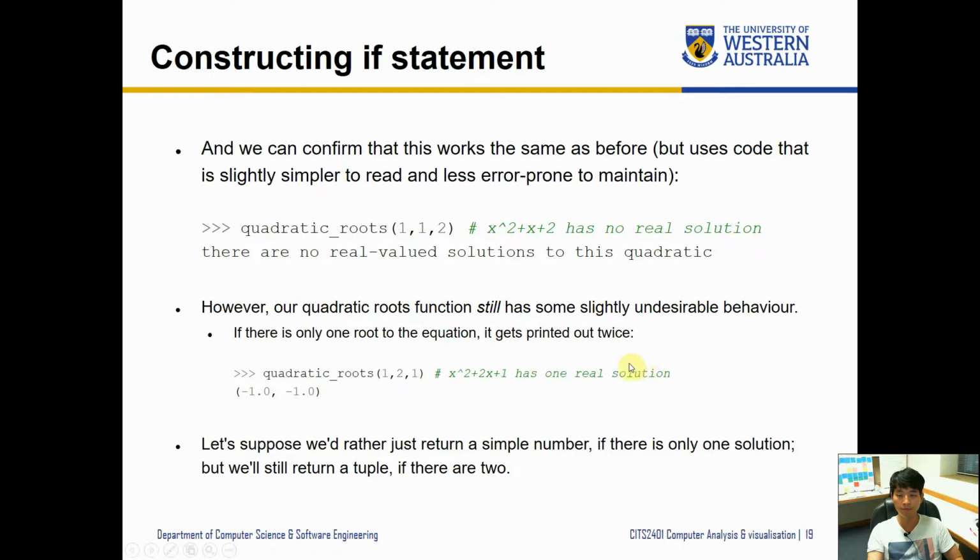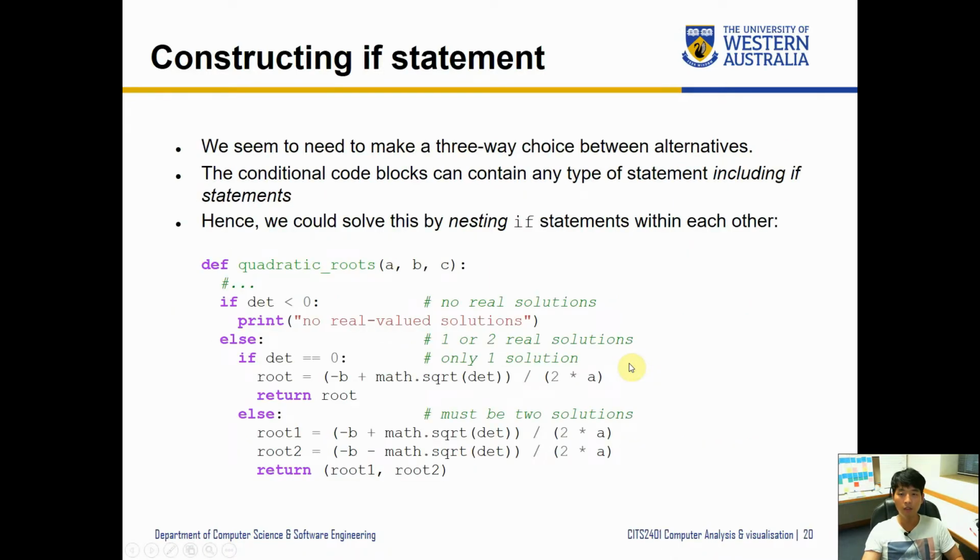Here is an example code that you could use to capture those scenarios. If determinant is less than 0, then we have the no real value solution, which stays the same. If we do have a real value solution, the single value only happens if we have determinant equal to 0.